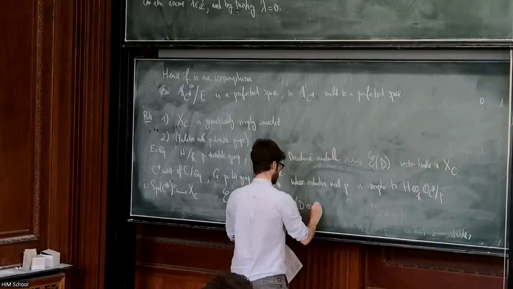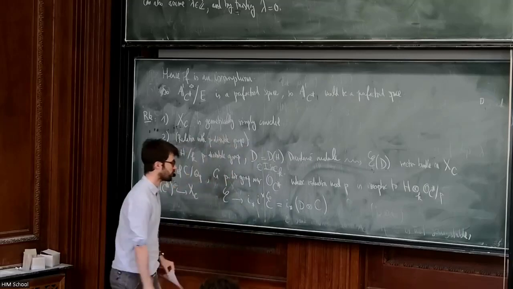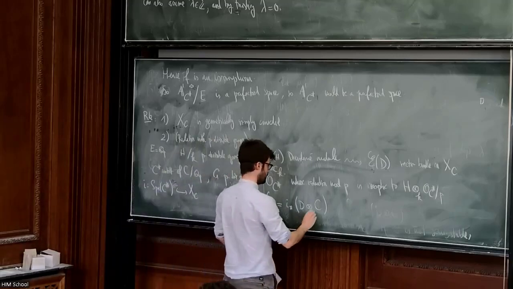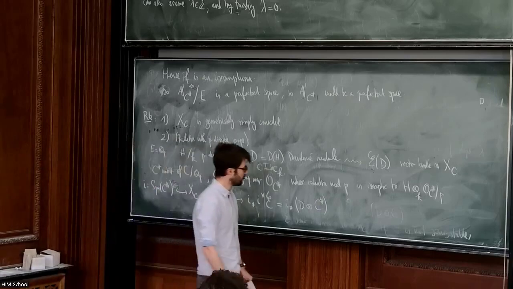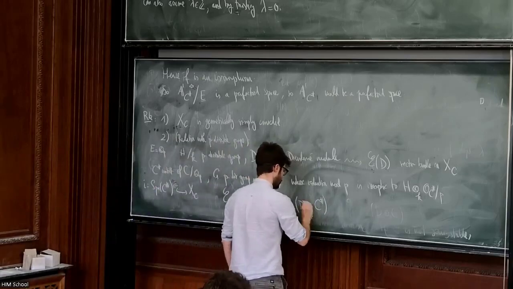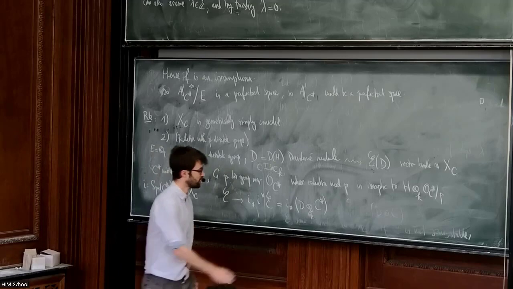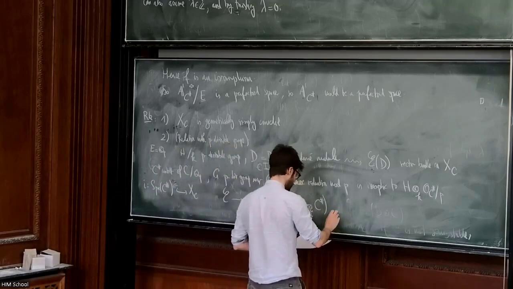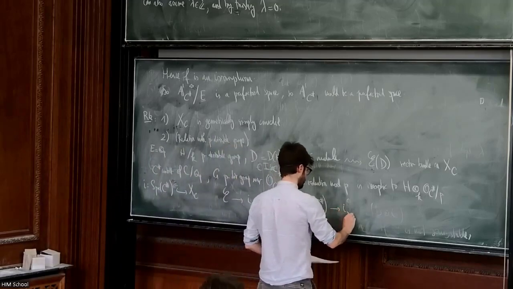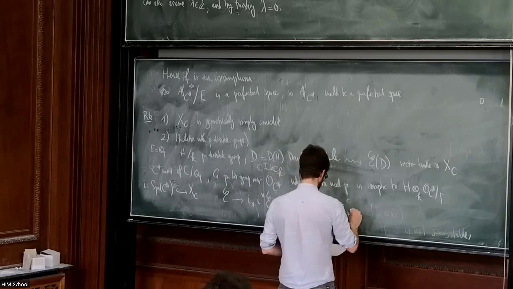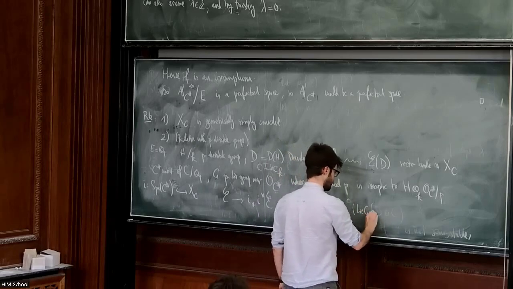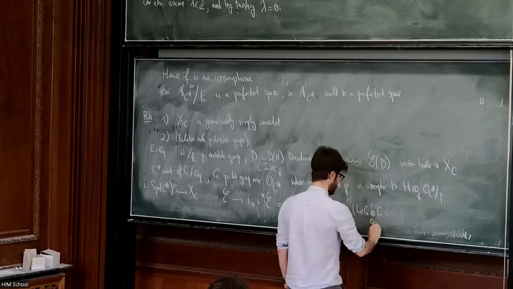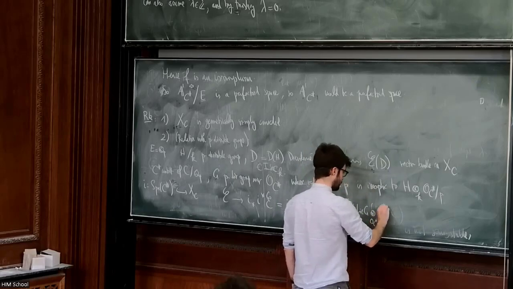Over Q_p breve, I now have the Hodge filtration, which is given by the Lie algebra of G, which I base change from O_C sharp to C sharp.